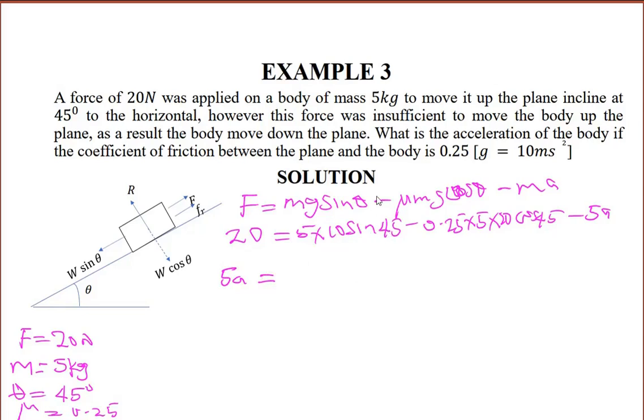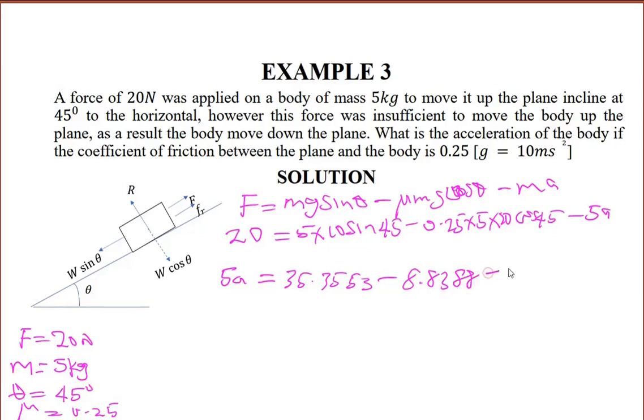What would that give us? 5 times 10 sine 45 will give us 35.3553, minus 0.25 times 5 times 10 cos 45, that will give us 8.8388.